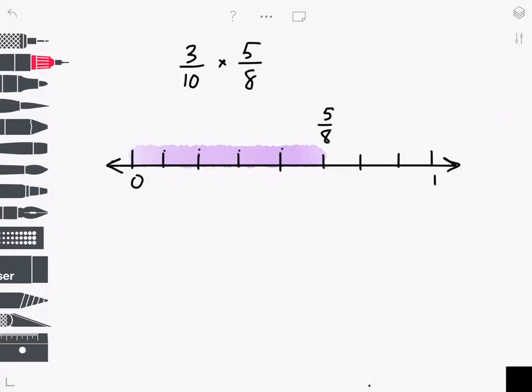So I've got to segment the length of 5/8 into tenths. I've got 1, 2, 3, 4, 5 segments here. To make tenths, I'll split those in half.